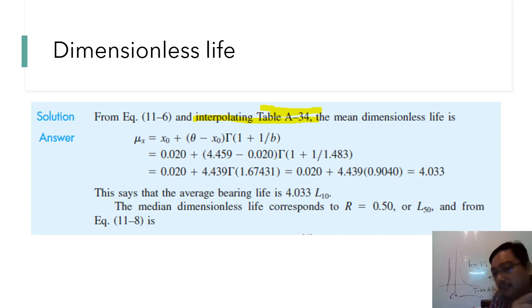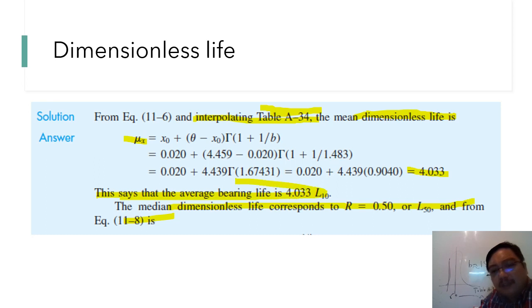You interpolate the table, and then you can see the values for 0.02, 4.459, and everything. And then you get the dimensional life. Dimensional life is ux equal to this equation, 4.033. So the average bearing life is 4.033 for the mean dimensional life corresponding to r 0.5, L50.